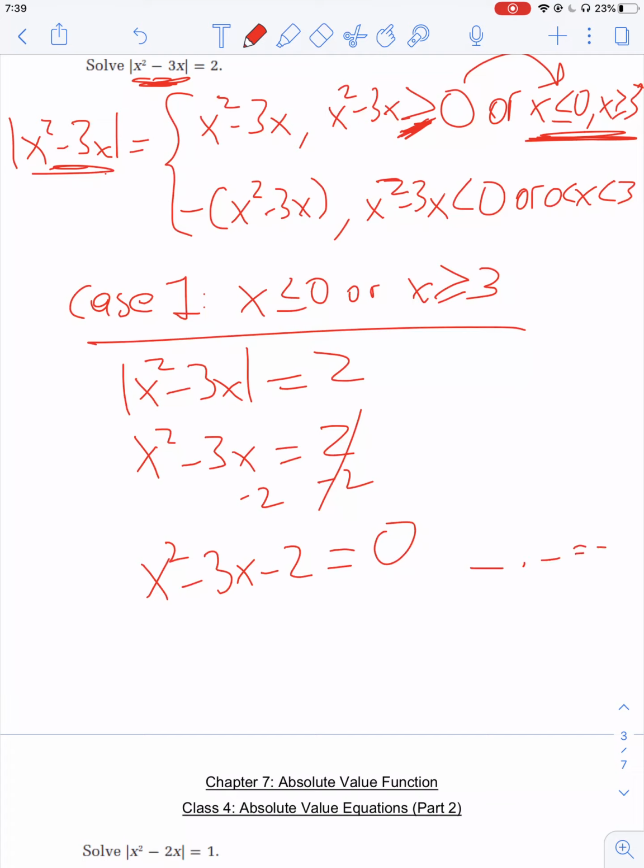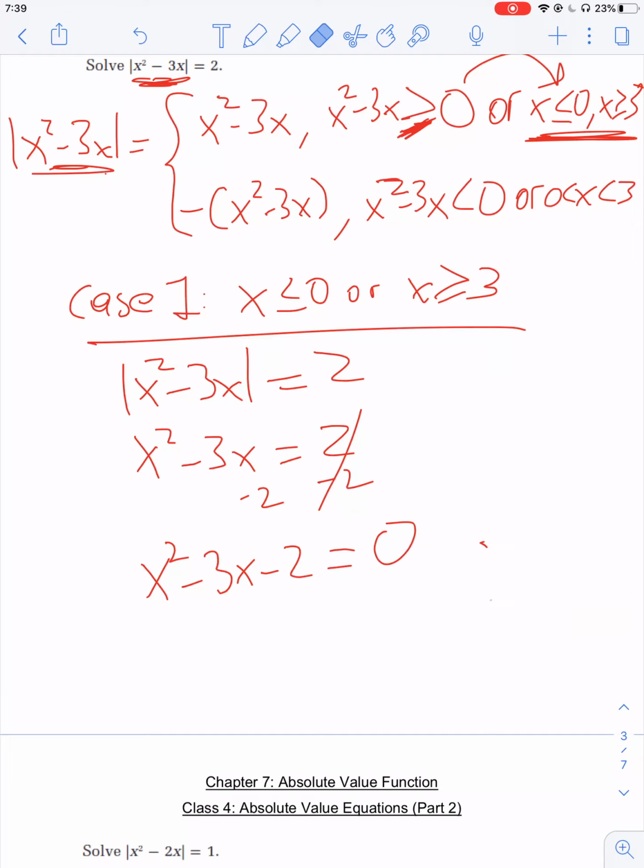Because to get negative 2, there's only one possibility, right? One of the numbers has to be negative, and I'm not going to get minus 3 if I add them up. The only way that I can get minus 3 is if both of them are negative. Okay, then I get minus 3. But if both of them are negative, then I'm going to get plus 2 over here. Okay, so this is not factorable.